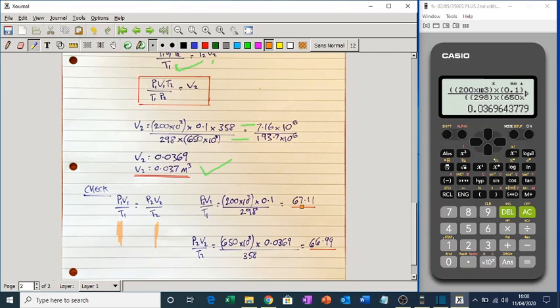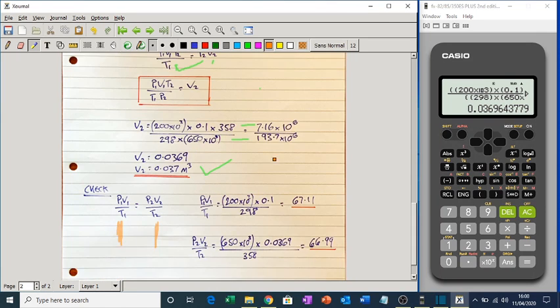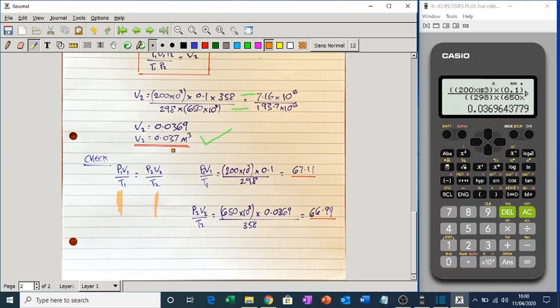It gives me this. And then I've worked P2 and V2 out just to check. So P2 is there. V2 is what we worked out here. I've used 0.0369, just a bit more accurate perhaps. And T2 is 358. So it gives me roughly the same.